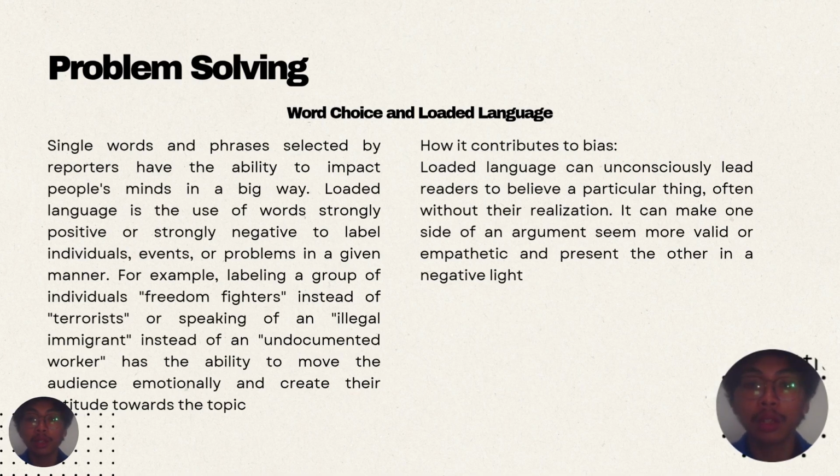How do these features contribute to bias? Loaded language can unconsciously lead readers to believe a particular thing, often without their realization. It can make one side of an argument seem more valid or emphatic and present the other in a negative light.